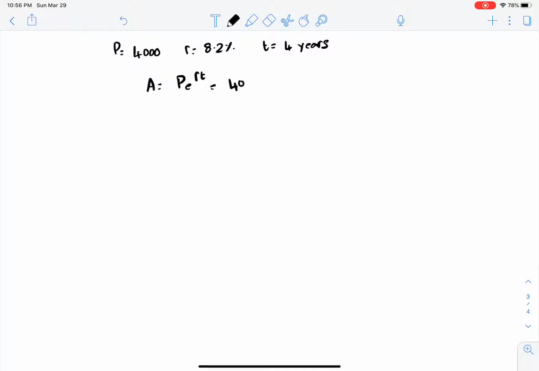So 4,000 times e raised to 0.082, converting percent to a decimal, times 4.